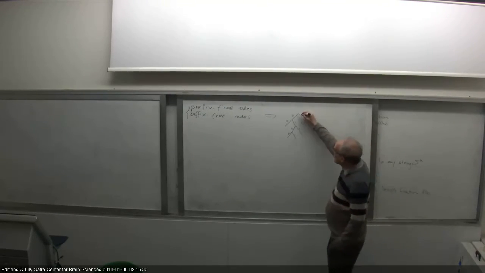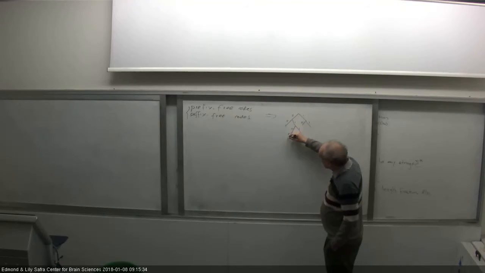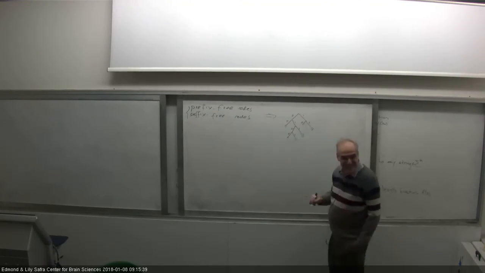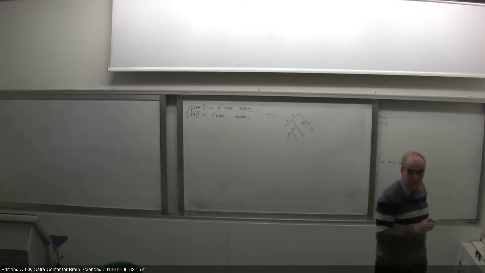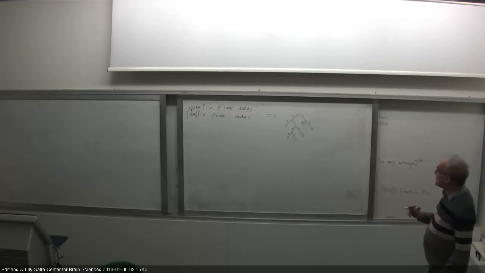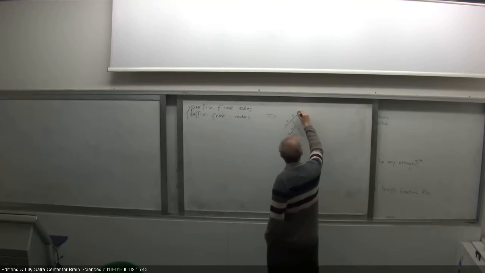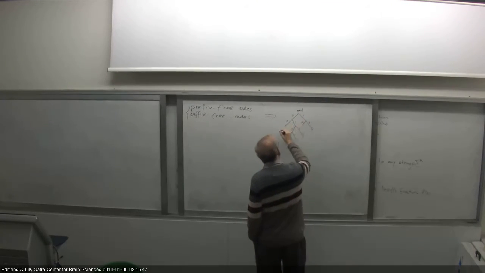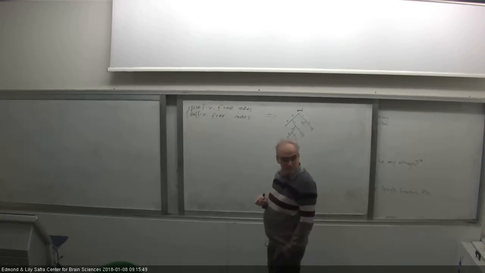So any tree like this where I interpret the code words as leaves of the tree, by the way, not necessarily all the leaves, but some leaves of the tree, and this is the root. So any code word is a path from the root to the leaf.